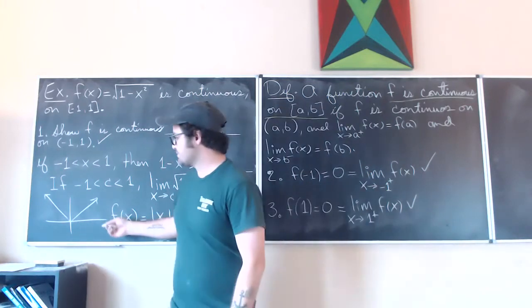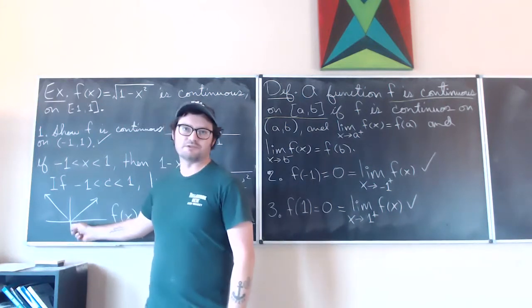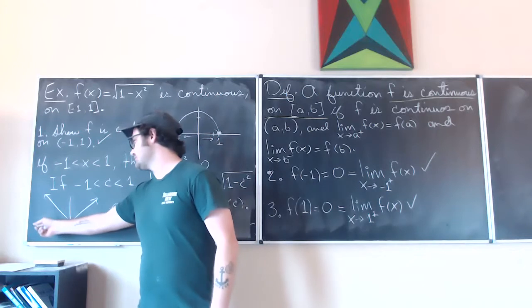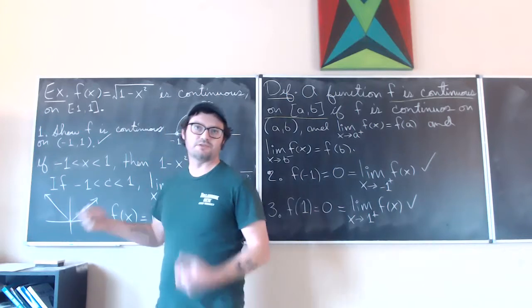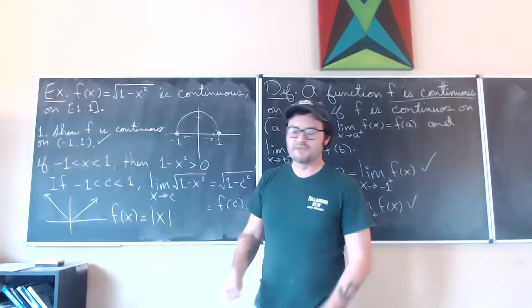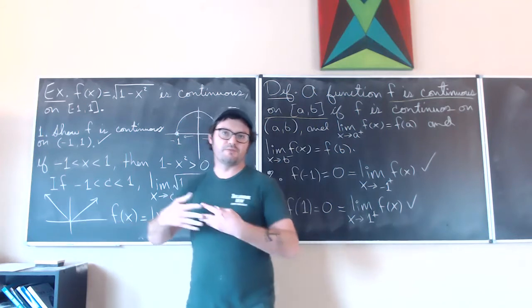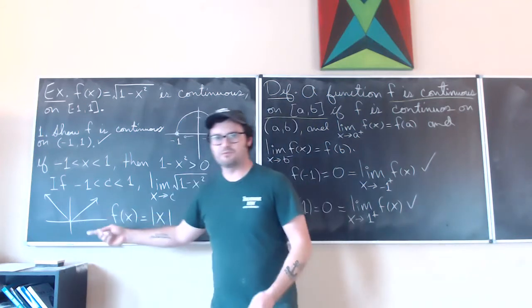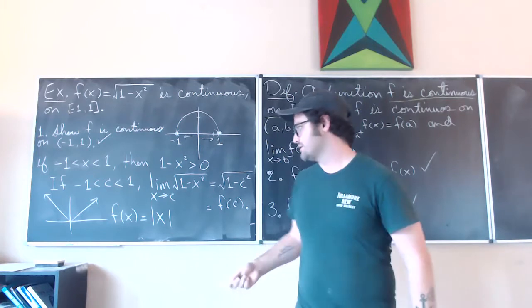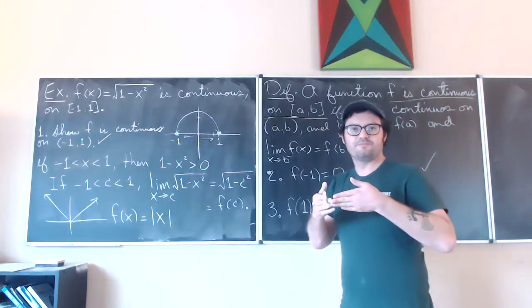As x goes to 0 from the right-hand side, the function goes to 0. From the left-hand side, the function also goes to 0. So the limit as x goes to 0 of the absolute value function is 0. And if you evaluate the function at x equals 0, it's also 0. Those match up, so it's continuous at that point and it's continuous everywhere else. So that is a continuous function as well, even though it has a sharp point.